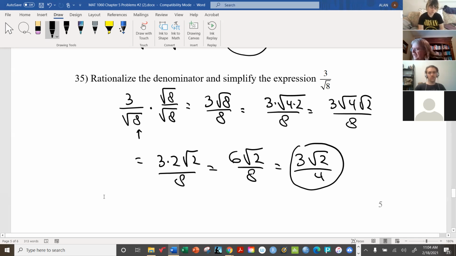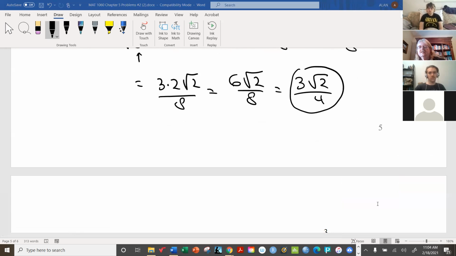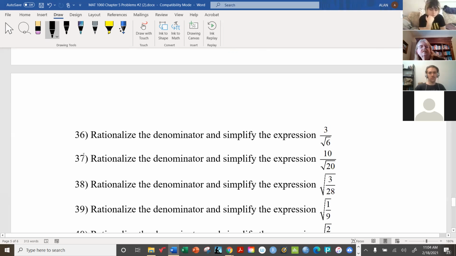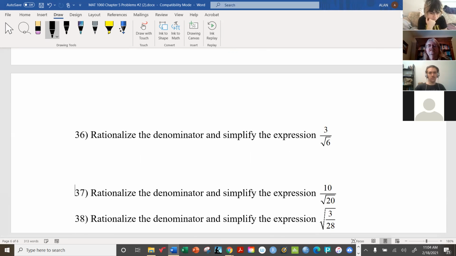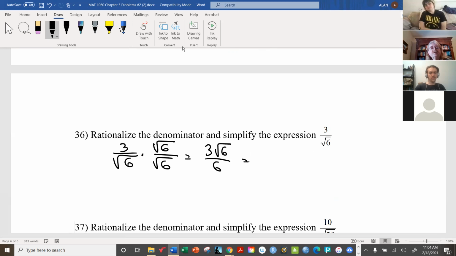All right, what else do we have here? Ooh, let's take a look at this one. So we're going to take our 3 over radical 6, and of course we'll multiply it by radical 6 over radical 6. And this one simplifies a little, and that's it.